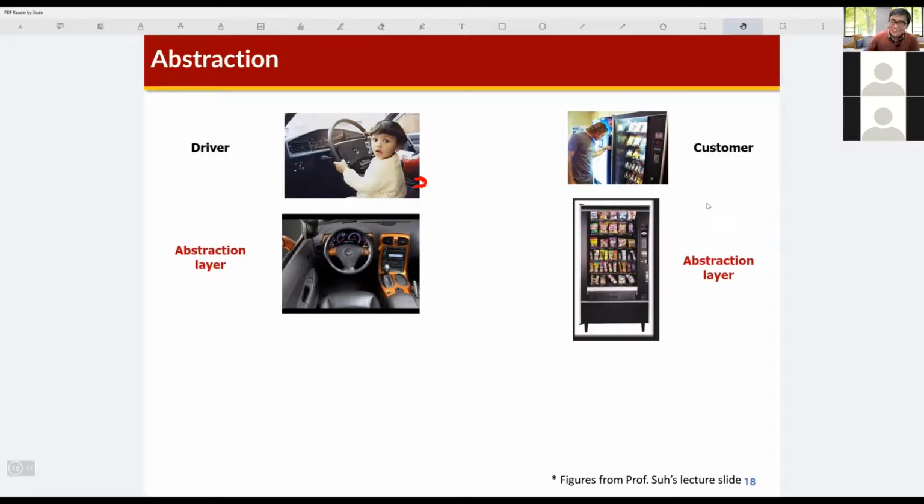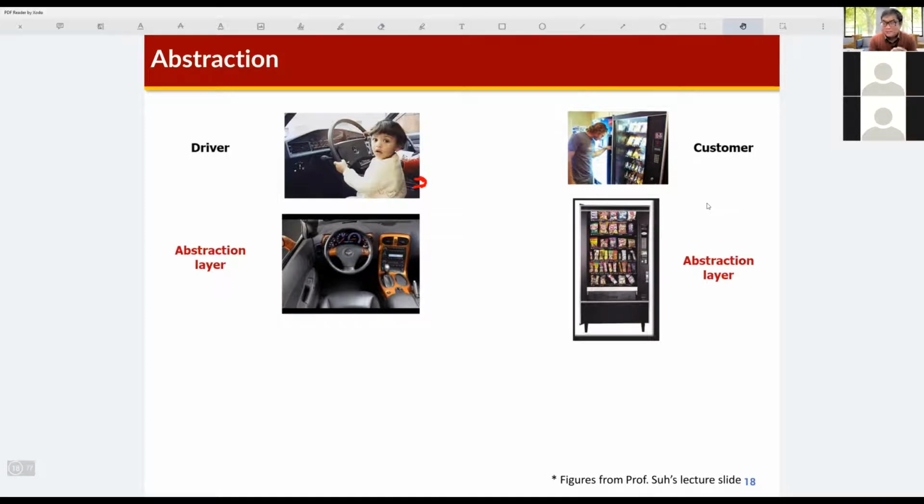In order to drive a car, we need to learn how to adjust the handle, which is for direction. Also, we need to understand how the accelerator works, and how the brakes work with these pedals. So we need to learn about the accelerator pedals and brake pedals. Also, we need to learn about the gears.